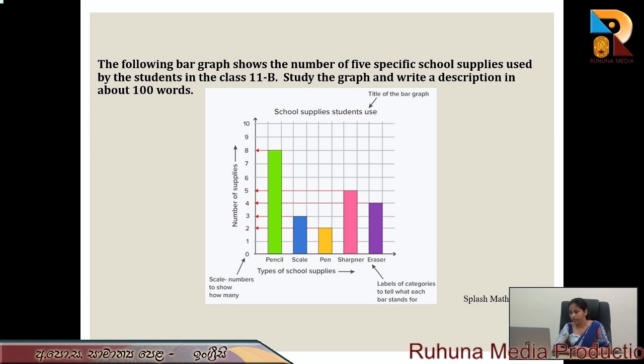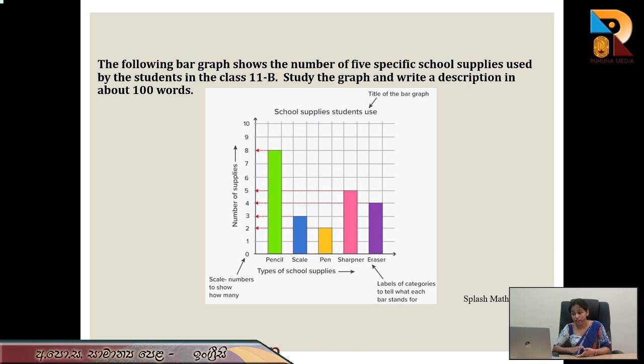And then let's notice what the main trends are. Pencils are the most used school supply, and pens are the least used school supply. Furthermore, the number of erasers used is half the number of pencils used by the students.